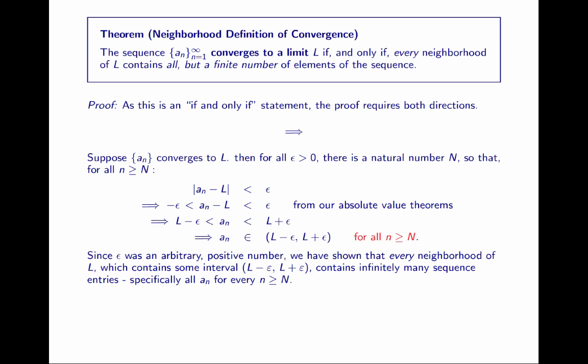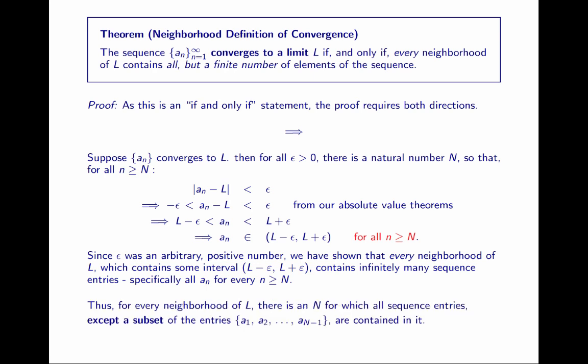Also, notice that epsilon was arbitrary. So we've shown that every neighborhood of L, which contains some interval (L − epsilon, L + epsilon), contains infinitely many sequence entries, right? Specifically, all little n bigger than or equal to big N, specifically what is there in red.